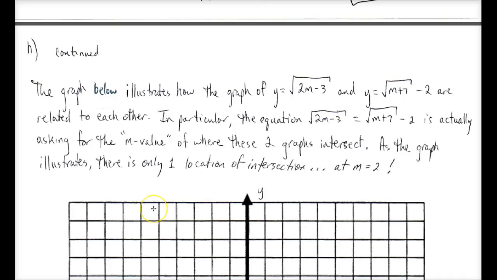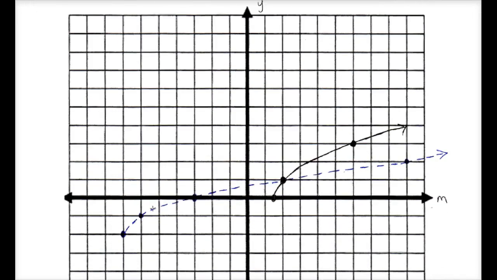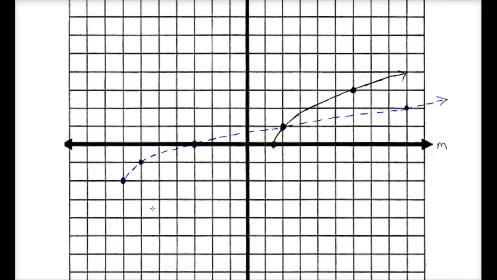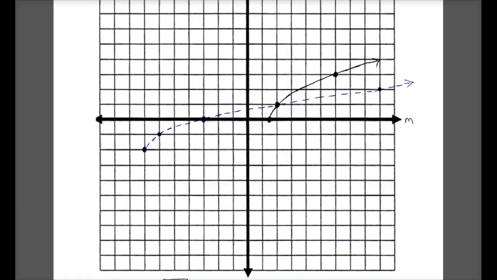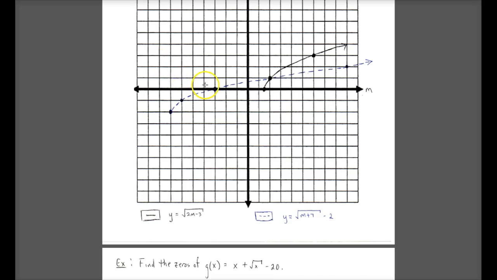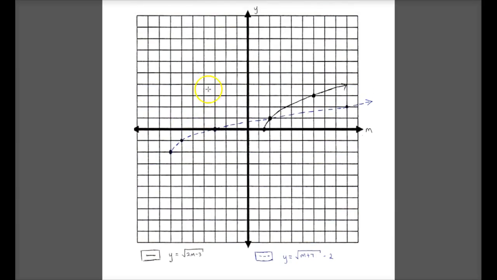That's pretty much what I'm trying to explain here. If you see here, the blue graph is the graph of square root of m plus 7 minus 2, and the dark black graph is the graph of square root of 2m minus 3. And you can see where they both intersect. They intersect when x is equal to 2 there.